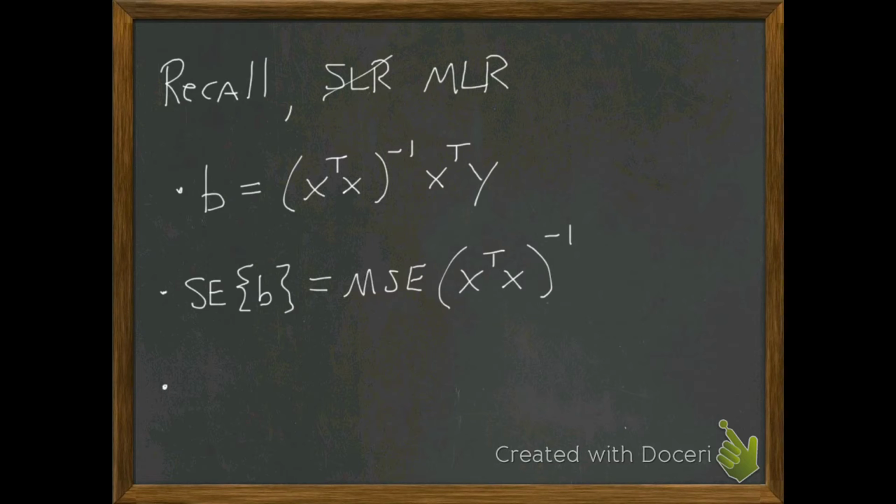Something else I would want you to remember is that the fitted values can be found by, well, we looked at it 2 different ways. By taking what we call the hat matrix.